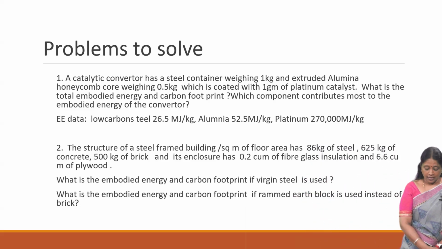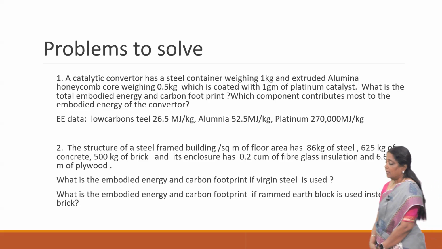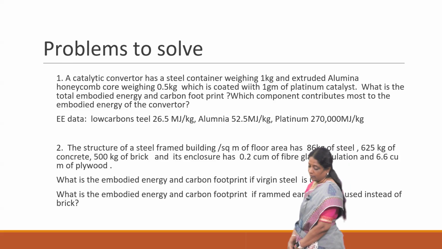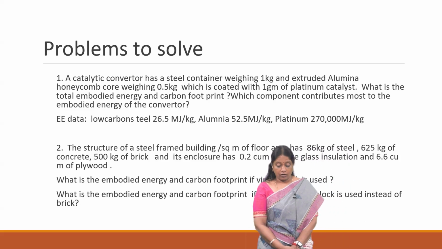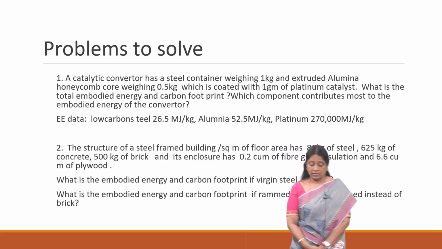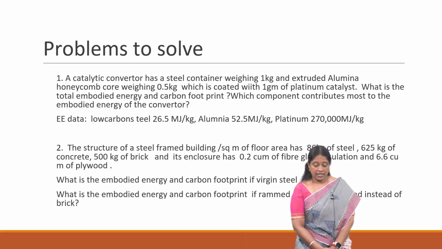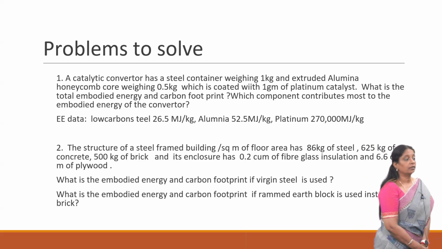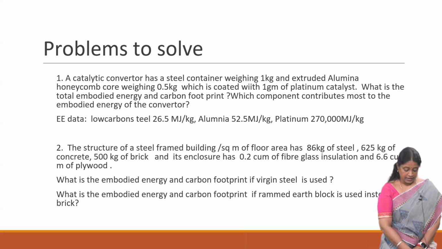Simple. Even though the mass of the platinum required is orders of magnitude less compared to the steel and the alumina, it is going to contribute the maximum embodied energy.